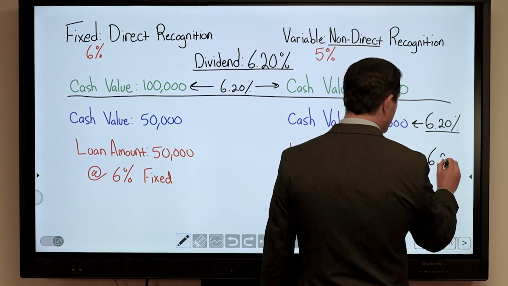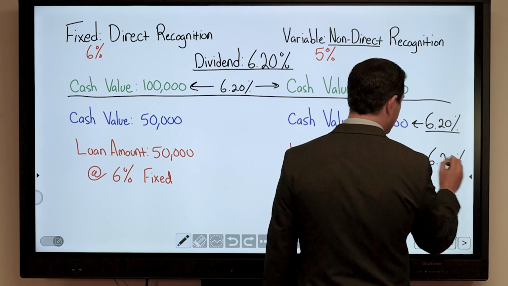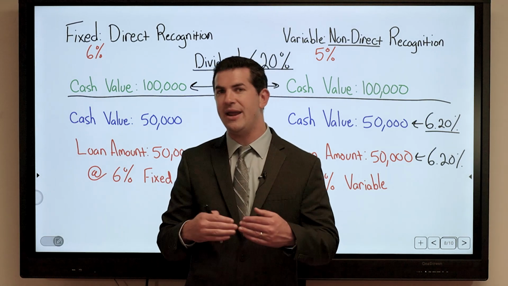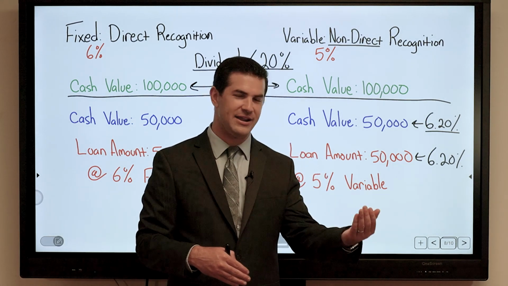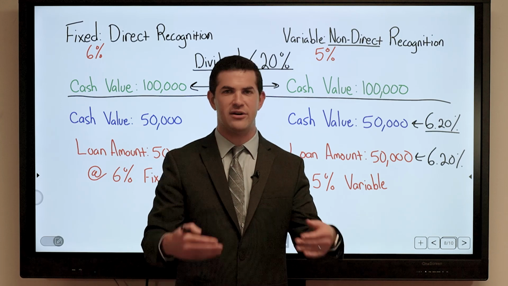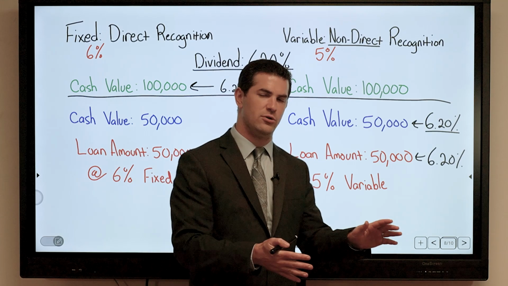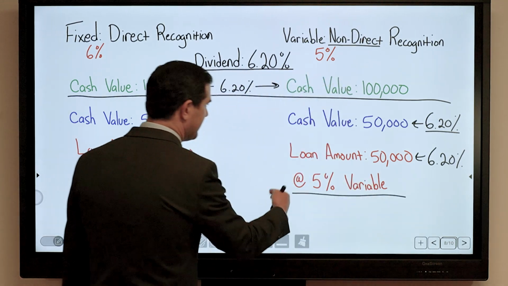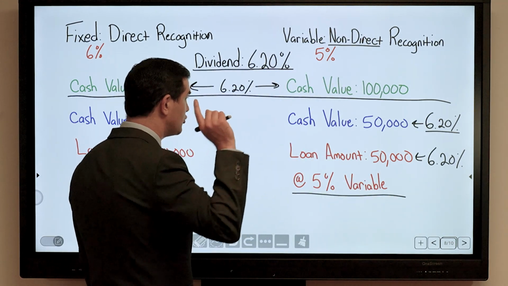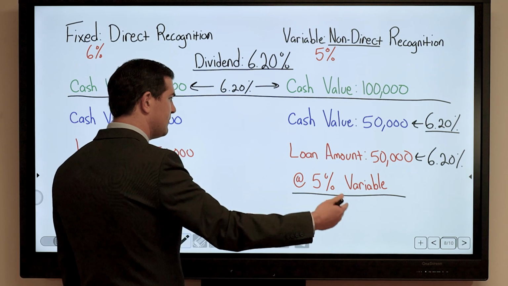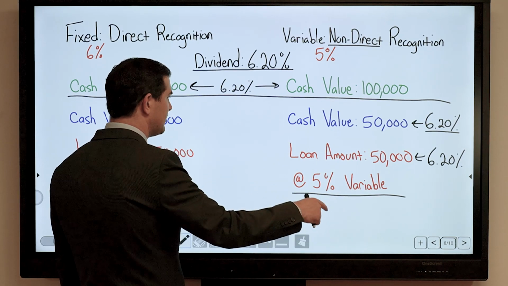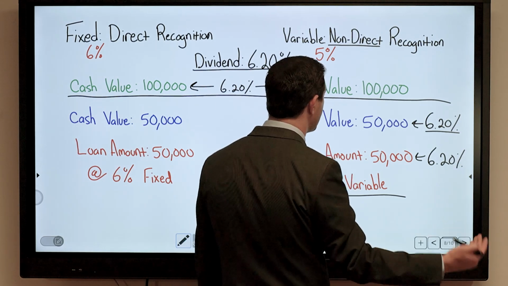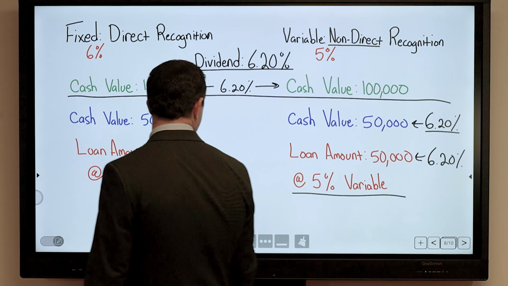They are a non-direct recognition company, so they are going to continue to pay the exact same dividend on any money in cash value and what I loaned out. They collateralize the death benefit. We covered that in an earlier video. But what they're going to do is charge me loan interest, in this case at 5%. That again goes to the insurance company. Always want to be very clear when we talk about that. The loan interest on any policy goes to the insurance company, not back to ourselves.